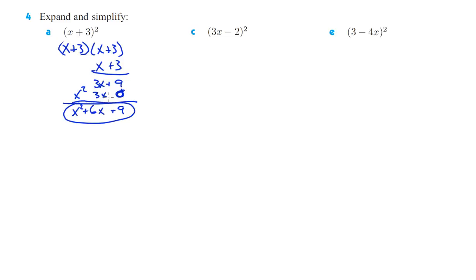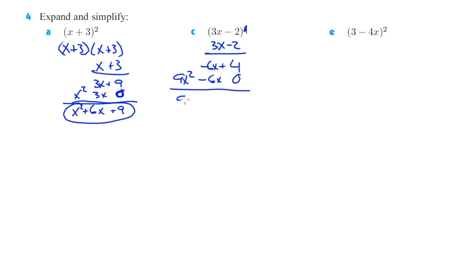Okay. So same thing here. Instead of multiplying it, writing it out like that, and foiling it, I'm just going to stack 3x minus 2 over 3x minus 2. So negative 2 times negative 2 is 4. Negative 2 times 3x is negative 6x. 3x times negative 2 is negative 6x, and 3x times 3x is 9x squared.